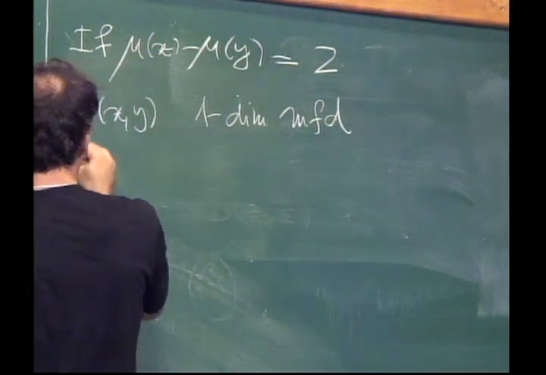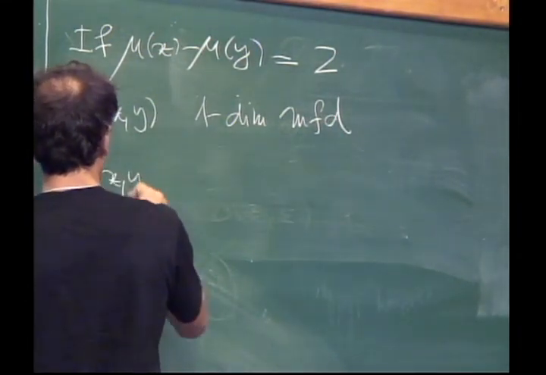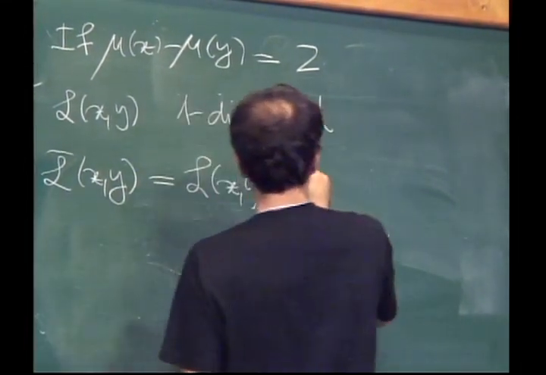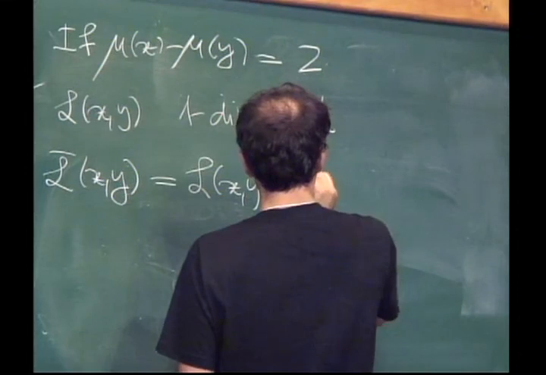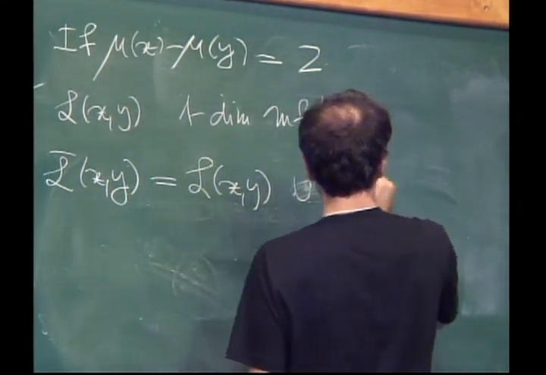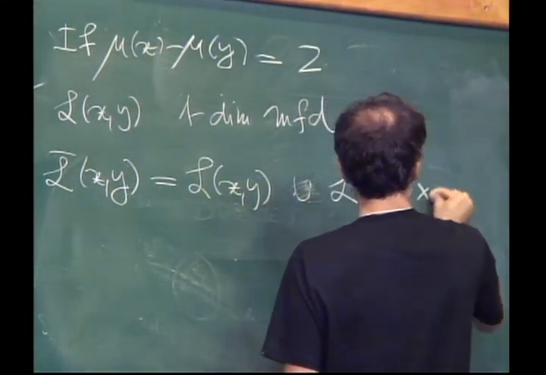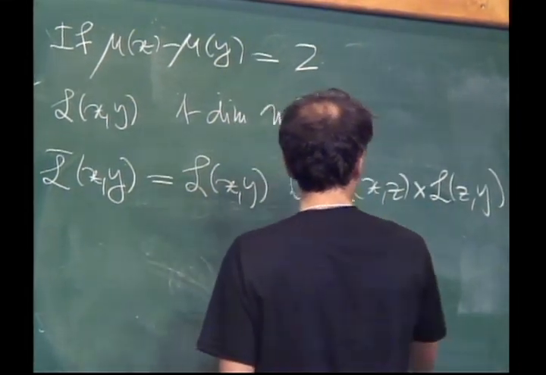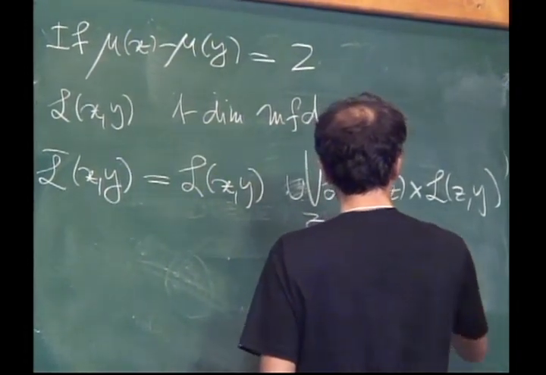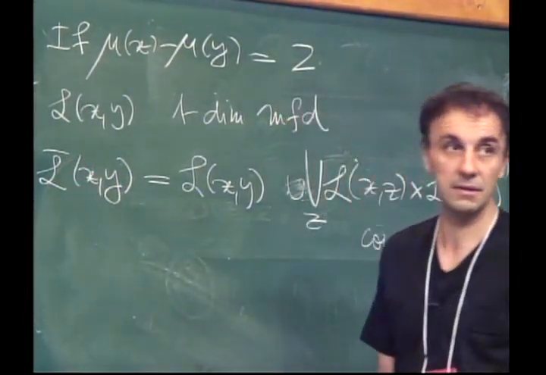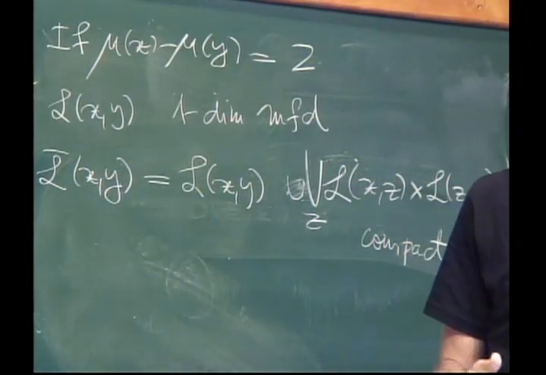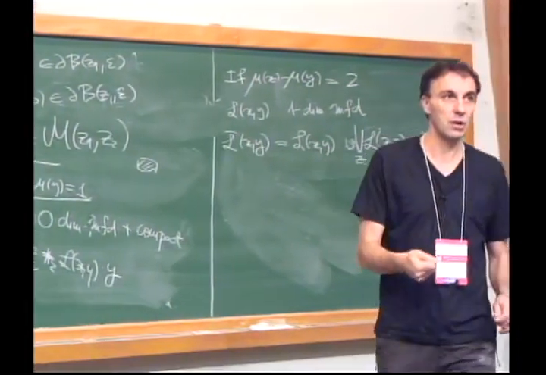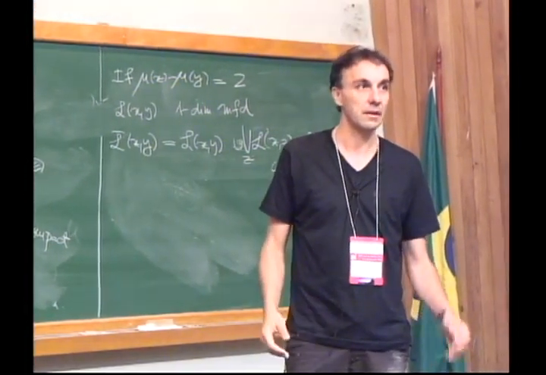And we show that this L bar xy, which is Lxy union with Lxz times Lzy, is compact. In this case, a sequence can only break once, of course, because again of the difference of indexes. At each break, we have to lower strictly the index, right?